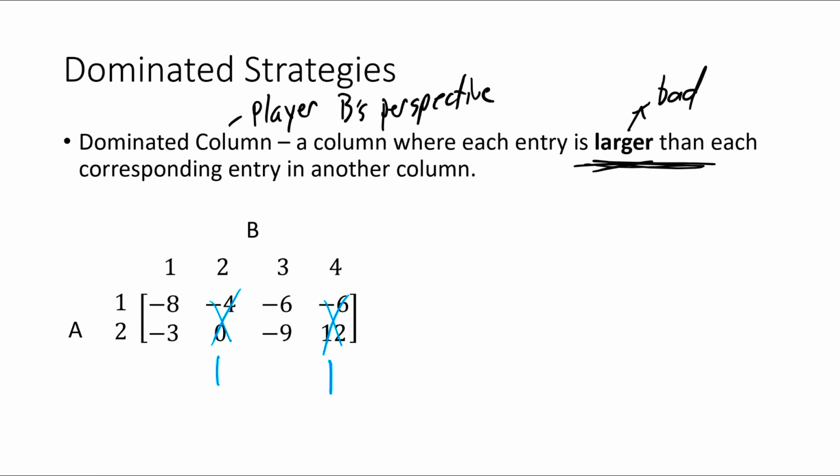Winning $6 is better than winning $4. Losing 12 is not better than winning $0. So 4 and 2, neither of those dominate one another. But we're done with comparisons for column 2. So what we know is that columns 1 and 3 dominate column 2.